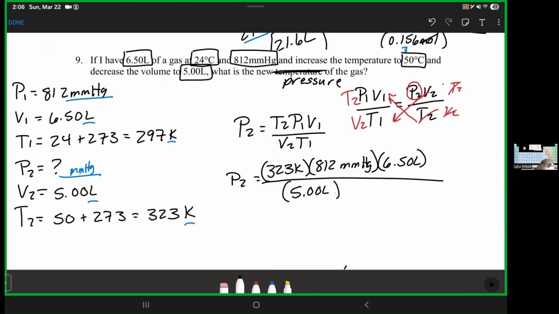And my T1 is 297 K. Okay, my K cancel, my liters cancel, and I'm left with millimeters of mercury, which is the pressure unit I'm looking for. So now, when I do all of that math, and I don't know if I have that problem still here on my paper. Oh, I do. Okay, so let me look here real quick.